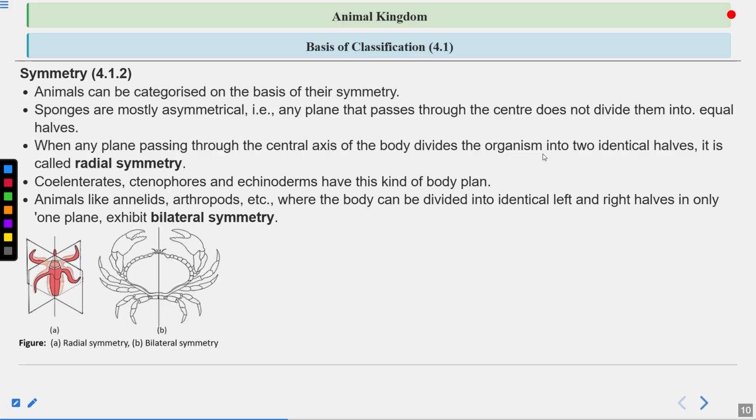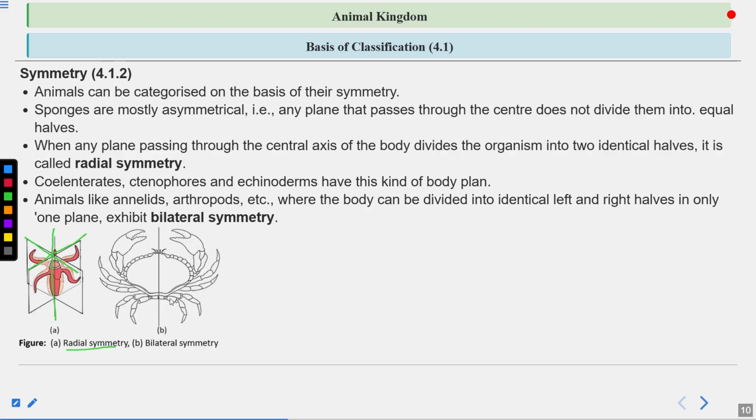So here in the figure we can see radial symmetry. This is one plane of axis that divides the organism equally, this is another plane and this is another plane. So a number of planes divide the organism equally into right half and left half. This is the radial type of symmetry. Now there is only one axis in the case of the crab.